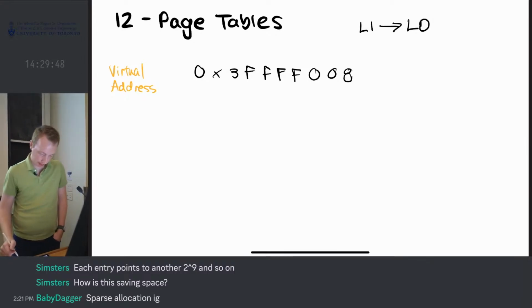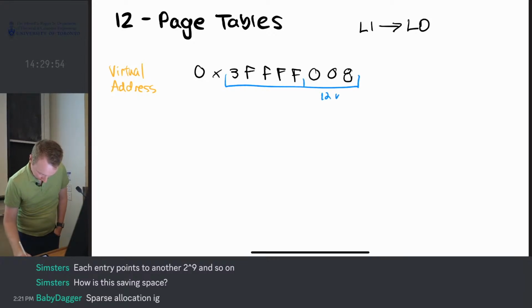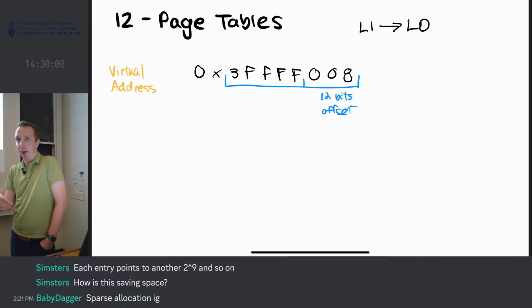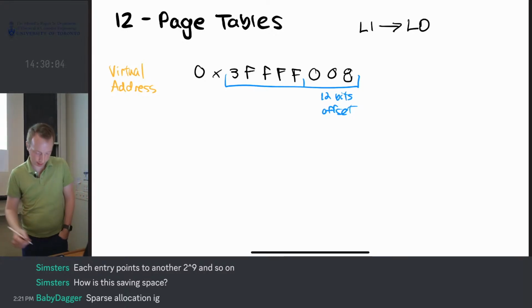and then divide it up, well, it should be something like we have 12 bits for the offset. And then it's going to be the same scheme. Our page table entry size is 8 bytes, and our page size is 4 kilobytes.